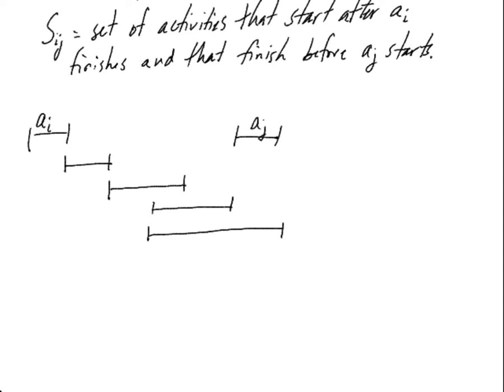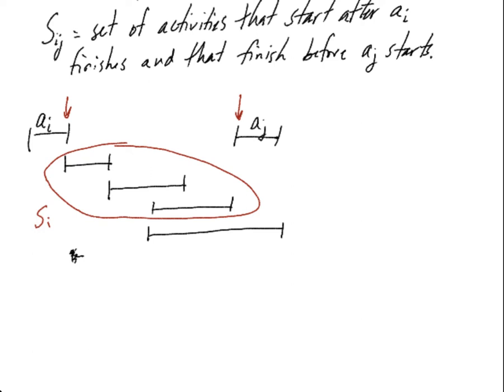Okay, what is the set S_ij? Well, it's all activities that start after this point and end before this point. So the last activity there overlaps A_j, so it's not in S_ij. So this is S_ij.